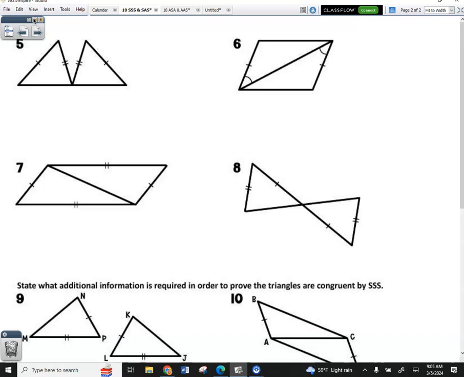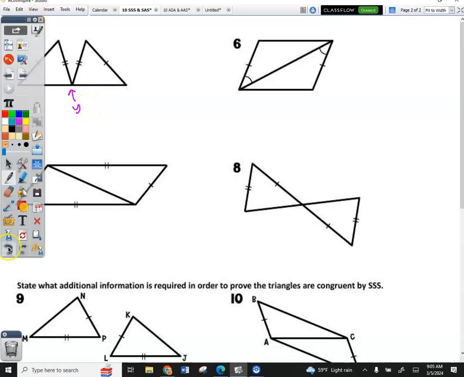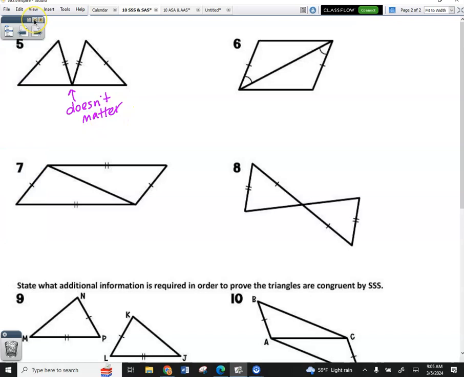So this is like double sneaky because you think it's a sneaky problem with secret info, but there's actually no secret info at all. Let's write doesn't matter. The fact that they're touching here does not matter because it's not a shared side. It's not a vertical angle situation.